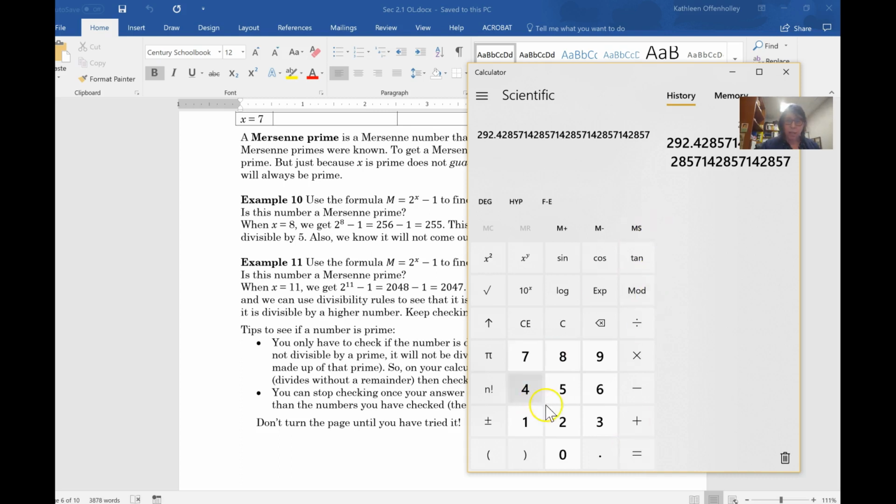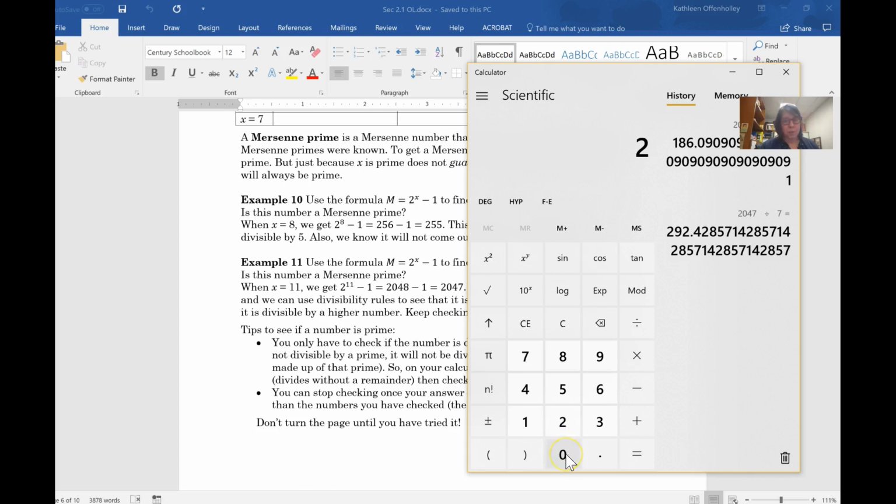All right, so back to our number 2047. Is it divisible by 11? No, because we get a decimal. So keep trying. Try the next prime number after 11.